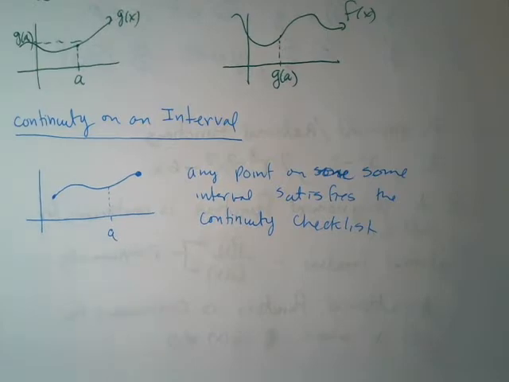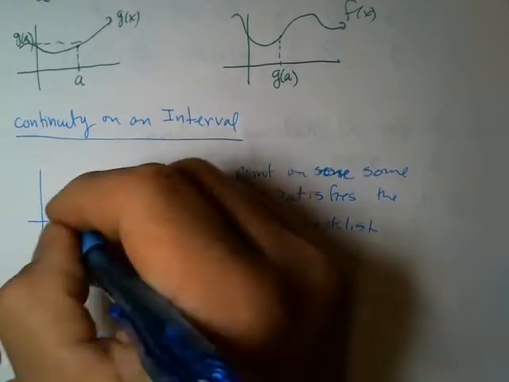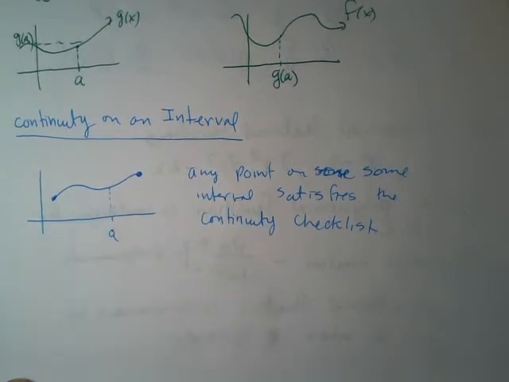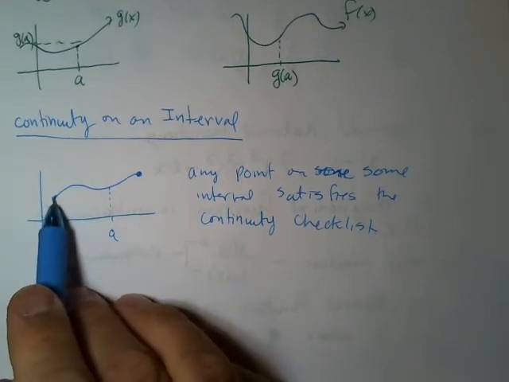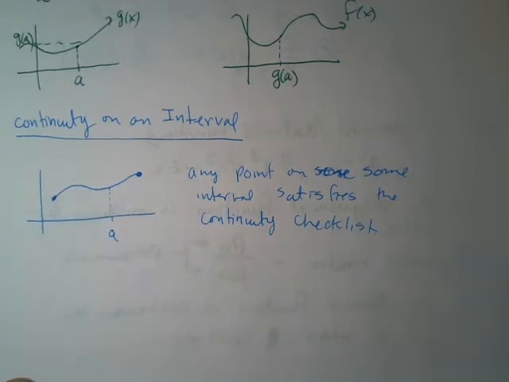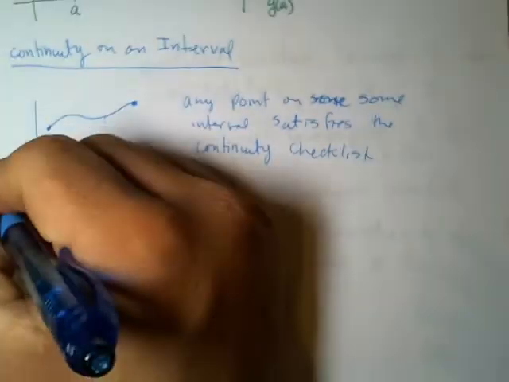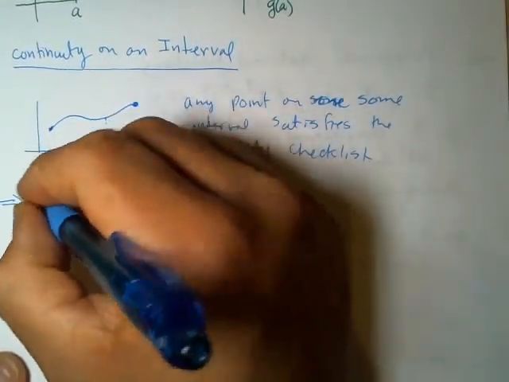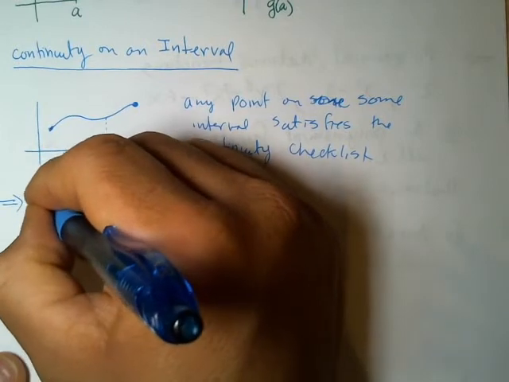All right, now in this case, we do notice that if the interval is from here to here, the endpoints will not satisfy the continuity checklist, mainly the limit part of it, as we don't have a two-sided limit, we only have a one-sided limit at the endpoint. So there we define continuity at endpoints.